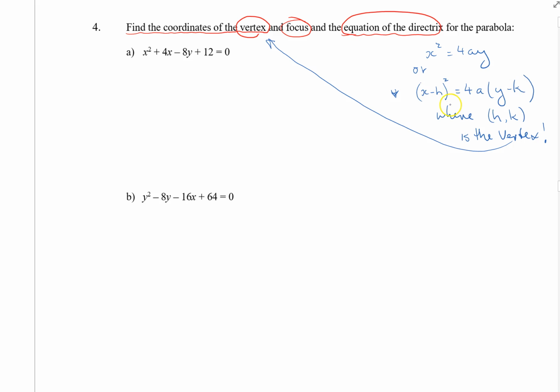This equation doesn't give me the focus. It would enable me to work out the focal length, but I think at that stage I'm going to need to draw the diagram to get a bit more information, but let's see how we go.